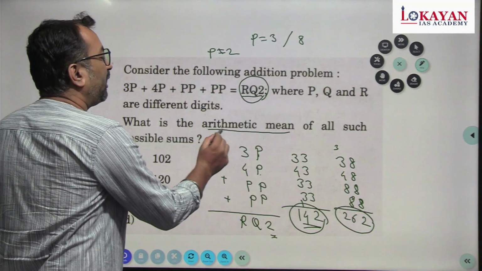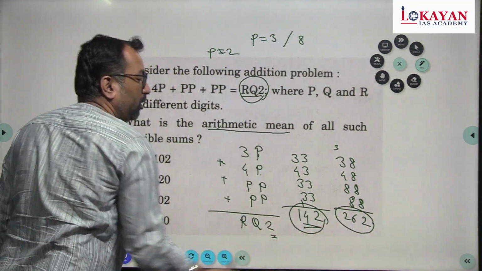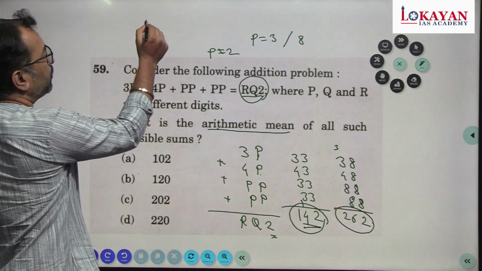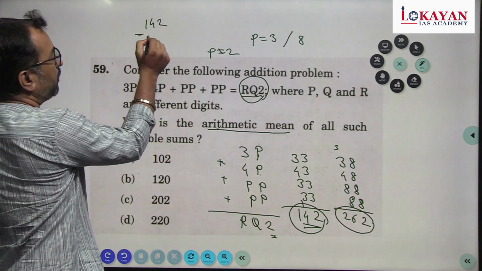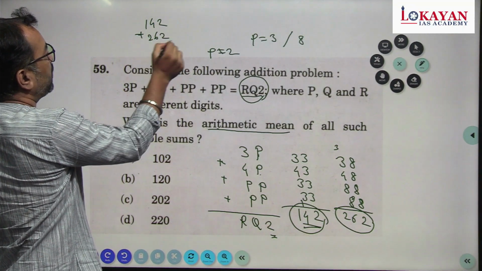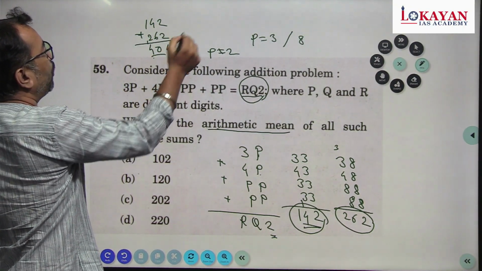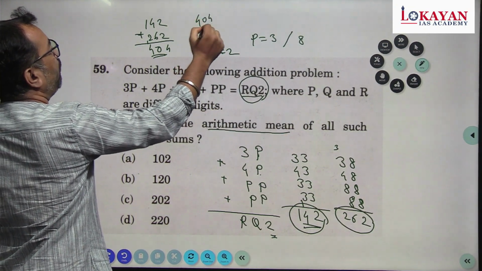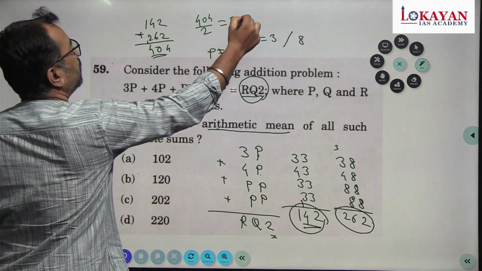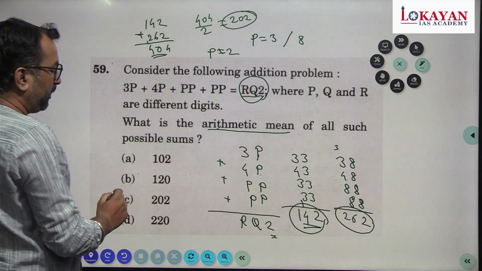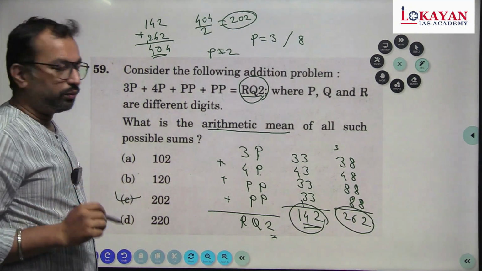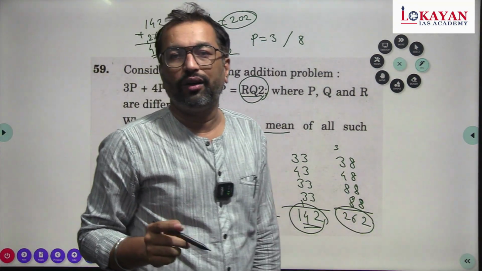I have to find the arithmetic mean of these two sums. So the arithmetic mean becomes 142 plus 262, which is 404. So the average will be divided by 2. So the arithmetic mean becomes 202.